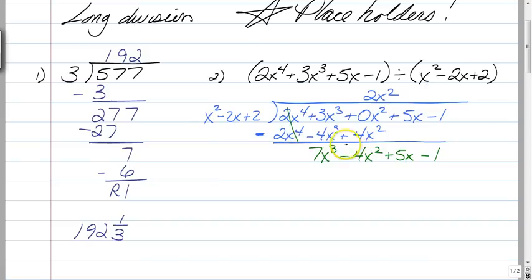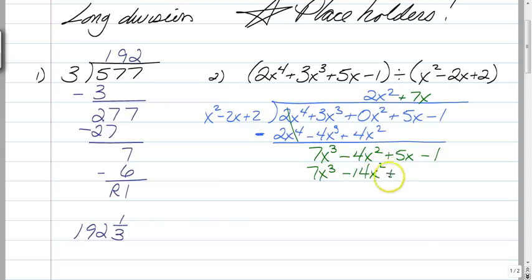So what multiplies to 7x cubed when you're multiplying it to x squared? The answer is 7x. So plus 7x. So 7x times x squared is 7x cubed, what you wanted. 7x times a negative 2x is going to give you a negative 14x squared.